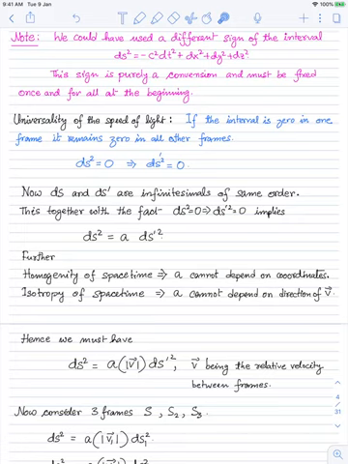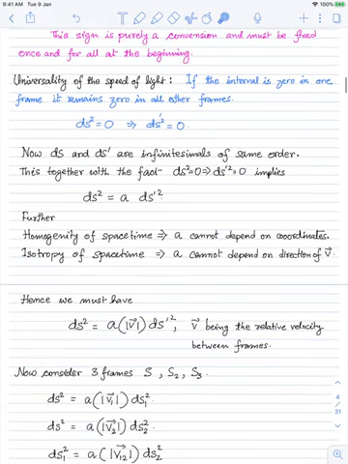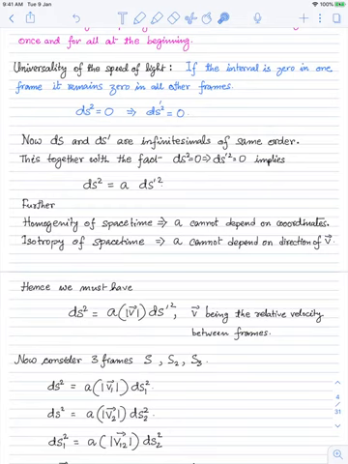Basically, what we conclude is that the postulate of relativity tells us that these two infinitesimal intervals must be proportional to each other.